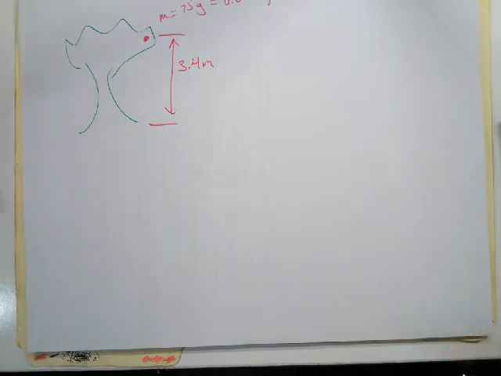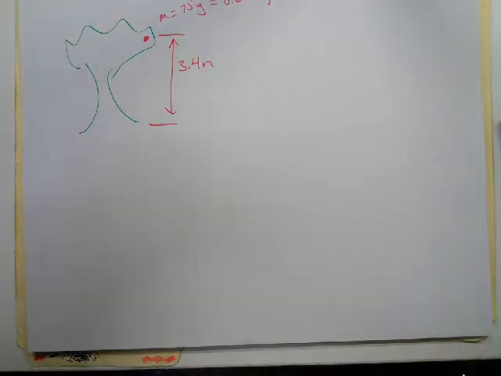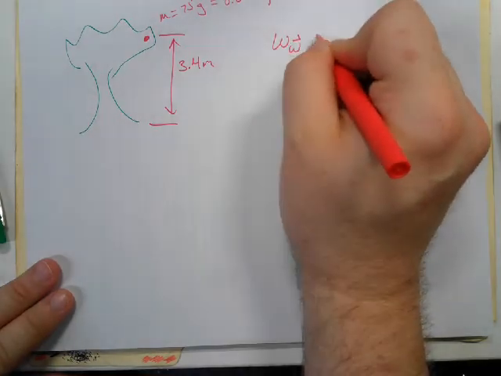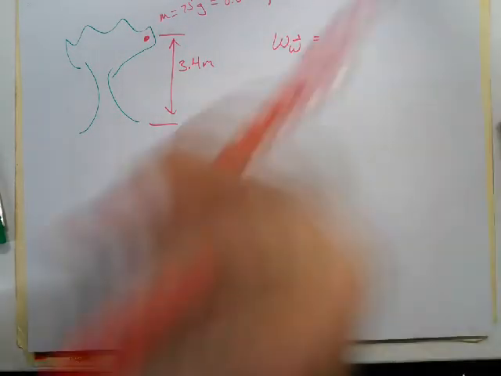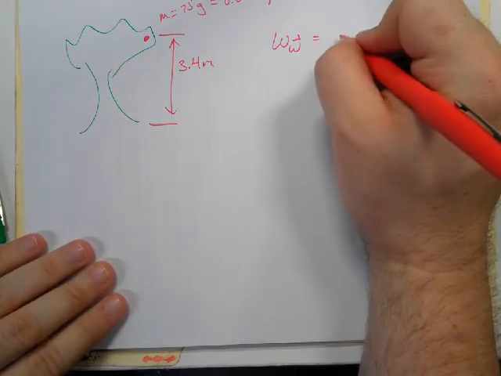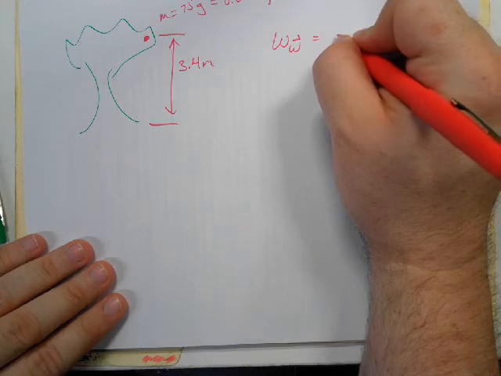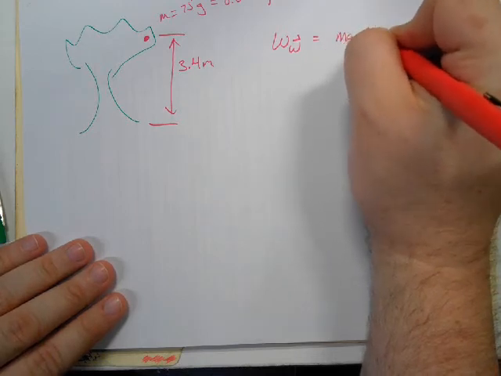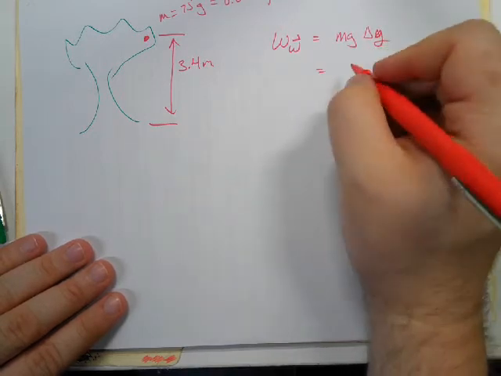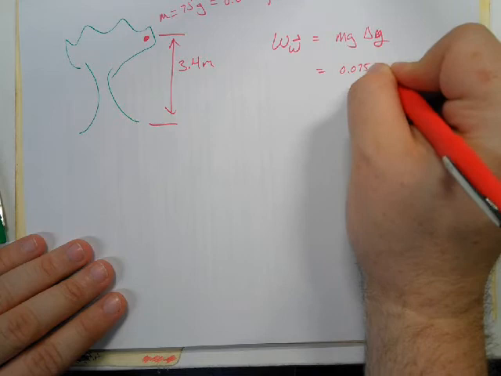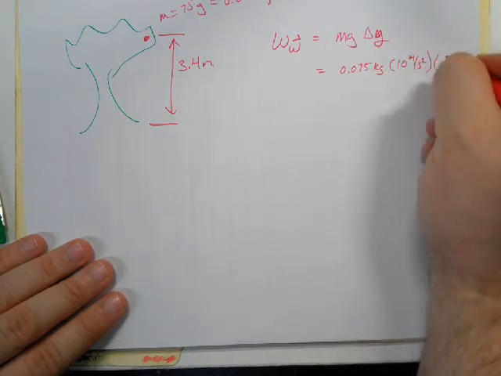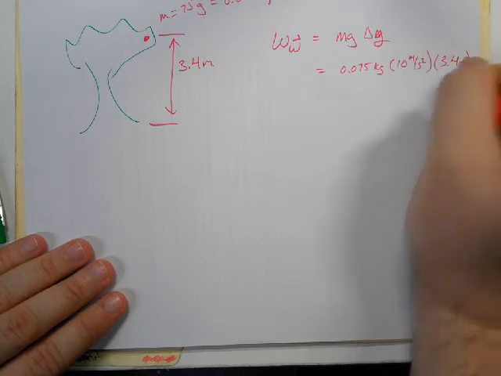So first, we're going to say what is the work that the weight force does. It's the minus change in potential energy. And so that's going to be mg delta y, which is 0.075 kilograms times 10 meters per second squared times 3.4 meters.